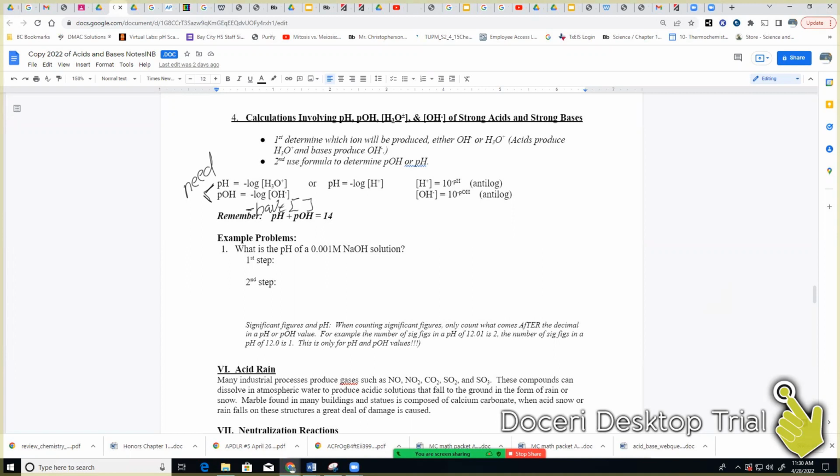So in other words, if I need pH and I have my concentration of my hydronium ion, I just need to do negative log in my calculator, and that will give me my pH. On these two, I would need my concentration, so that means I don't have that.